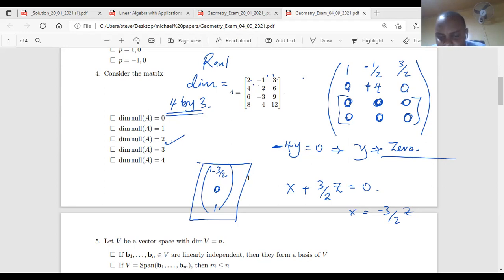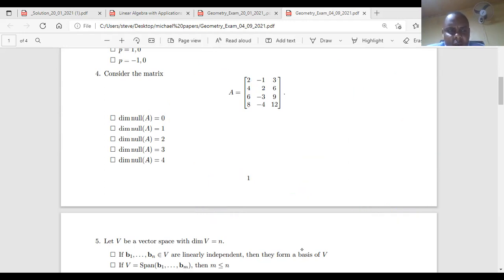I'm not able to open the solution. Okay. When you look at that matrix, do you think the rank is 1? I was thinking about 2 also.